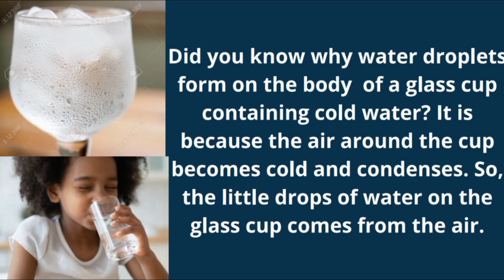You can see this baby in the picture. She's drinking cold water, and you can see the outer surface of the glass cup having droplets of water. Yes, because the air around the cup becomes so cold and condenses, and so the little drops of water on the glass cup come from the air.